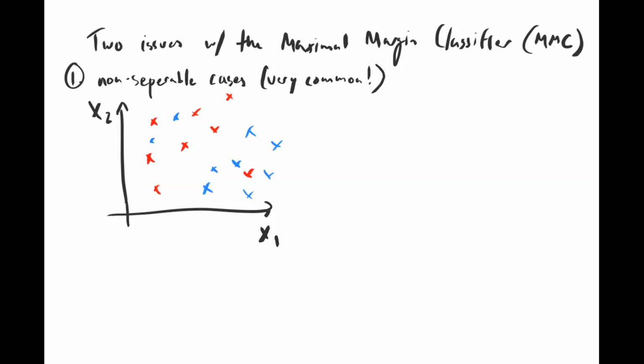The second one is a little bit more nuanced. So two, sensitivity to individual observations.